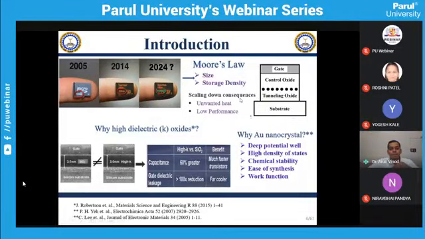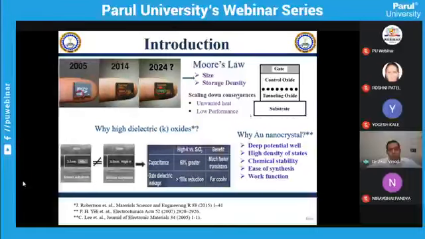It all started with Moore's law. Some say it's a strict law to be followed, but others say it is basically that the number of transistors in an IC doubles every year.